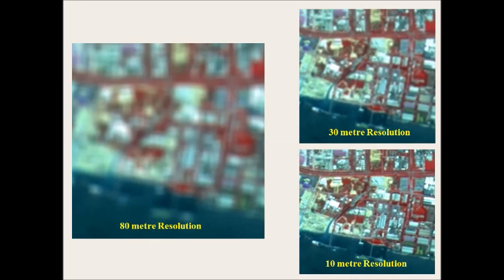This is an example to show what difference a smaller pixel size makes to the quality of an image. Here the image is of 80 meter resolution. That means each pixel is 80 by 80 meters.